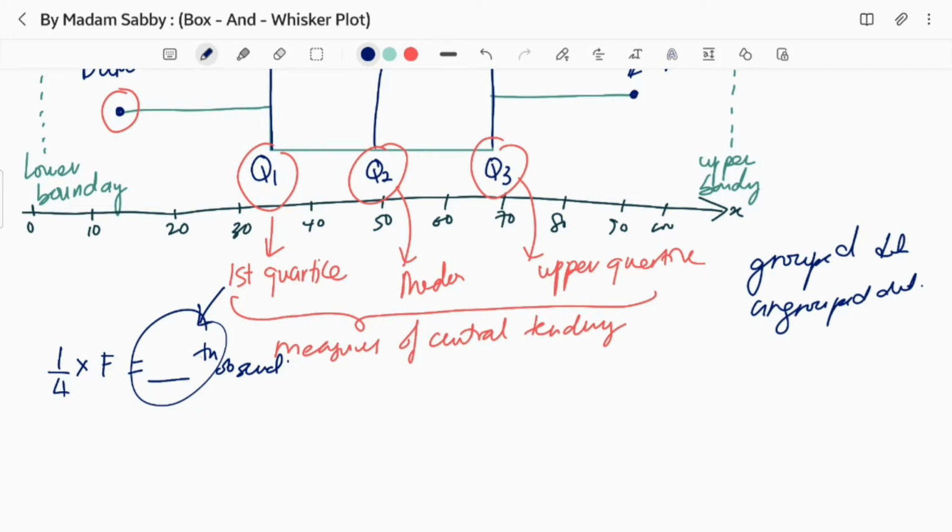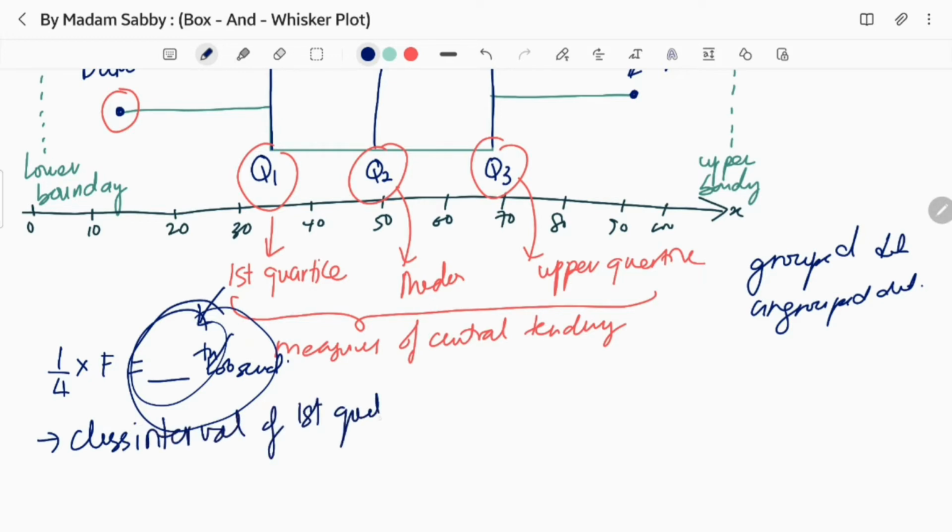Look at which class interval this observation belongs to. That is the class interval of your first quartile. You might not be able to see it clearly, so let me show you with an example.